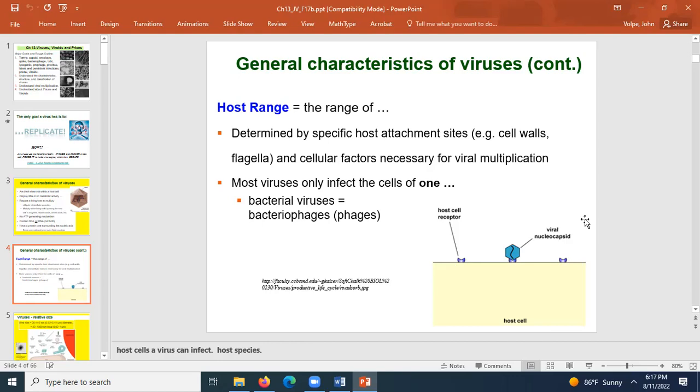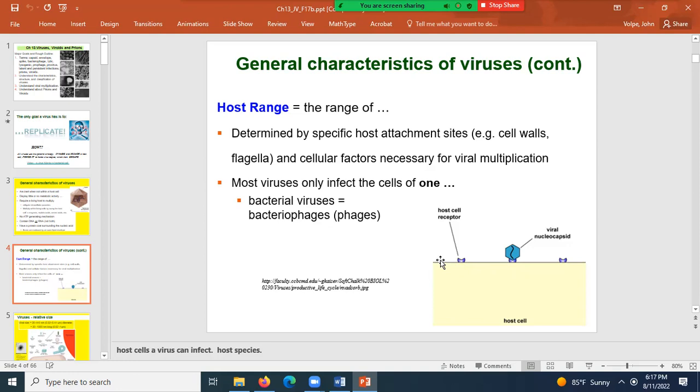Most viruses infect only cells of one species or a few species. And their binding is very specific. There will be specific attachment molecules on the virus that specifically bind to receptors on the host cell.